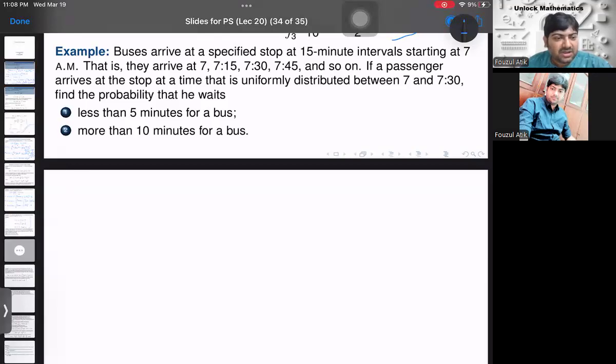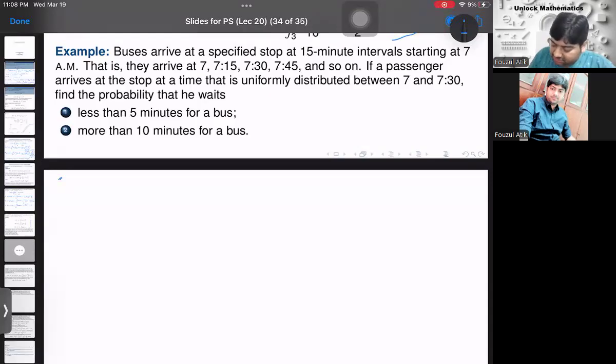It is the arrival time of the passenger at the stop, which is uniformly distributed. So x is a uniform random variable between 7 to 7:30. That means x is a uniform random variable between 0 to 30 minutes, right? So accordingly, we have to define what is x.